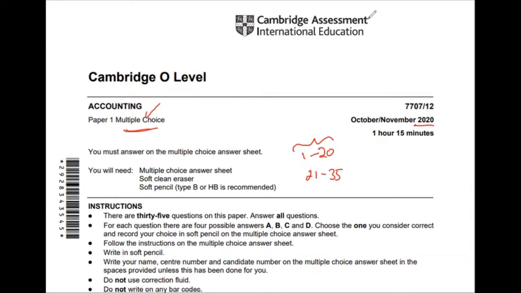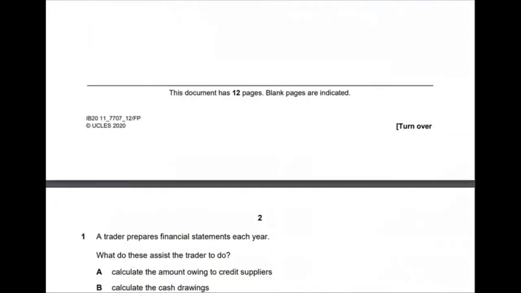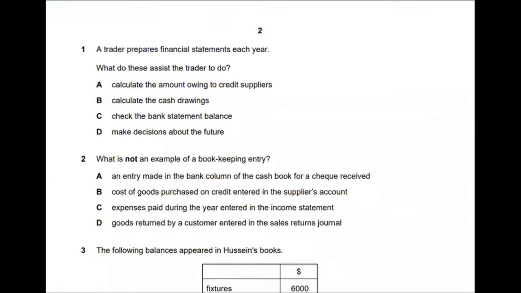So let's get started with the first 20 multiple choice questions. Multiple choice 1. If you read this question here, a trader prepares financial statements each year. What do these assist the trader to do?